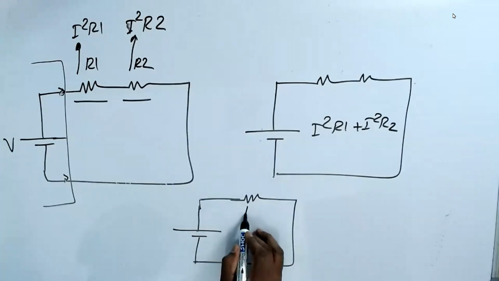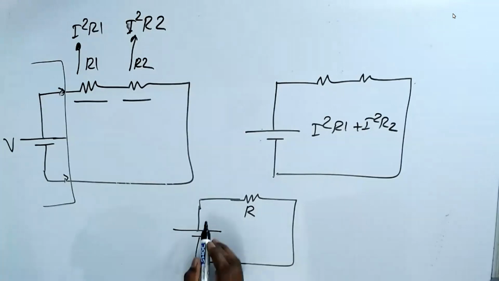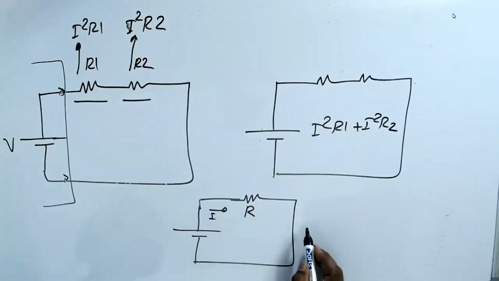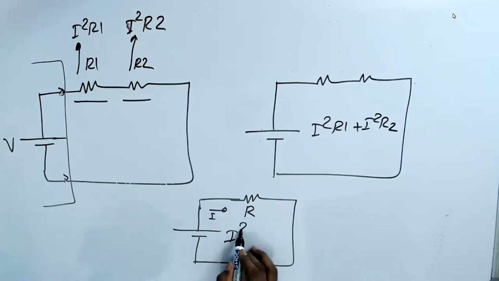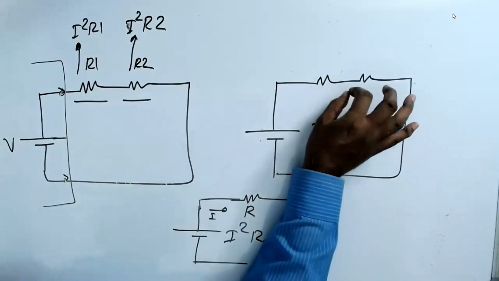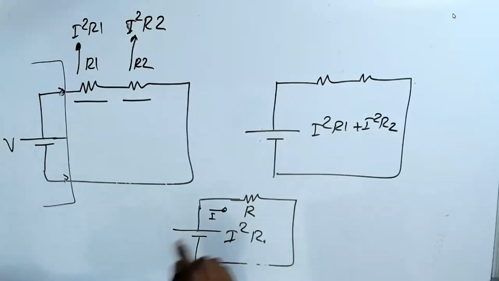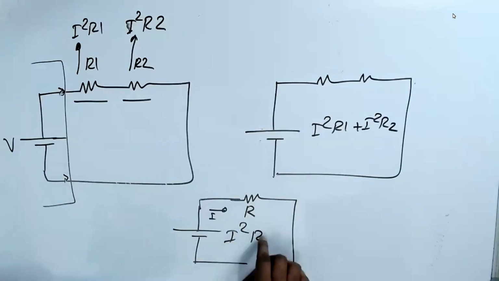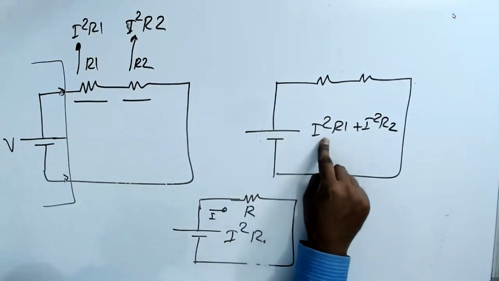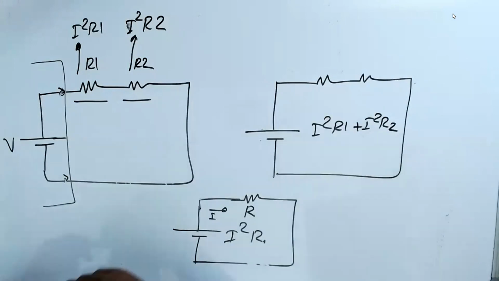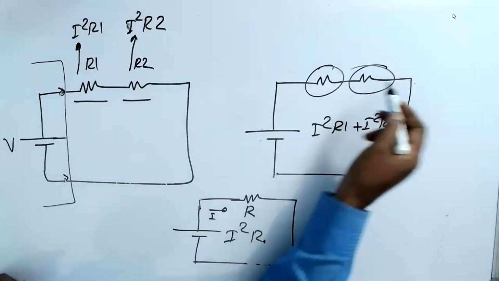We call this R. The current is I, so the power is I square R. If I make this a single resistance, that is R, and the power is I square R. Am I right? And here it is I square R1 plus I square R2 because I have two resistances. That's what we discussed here.